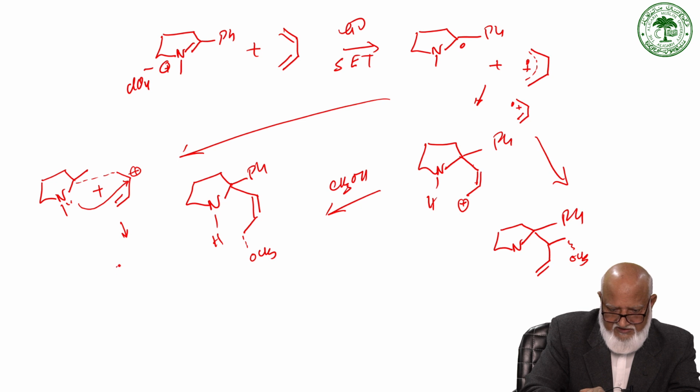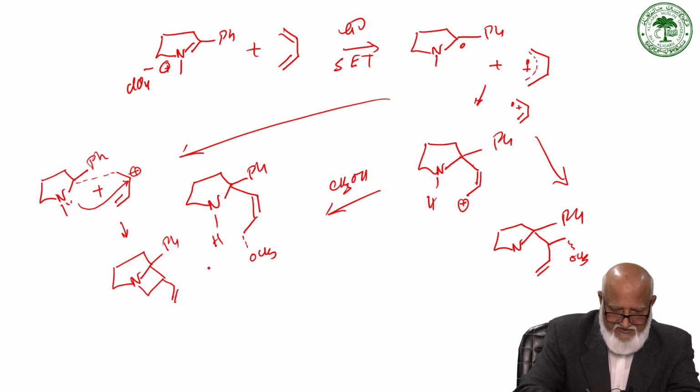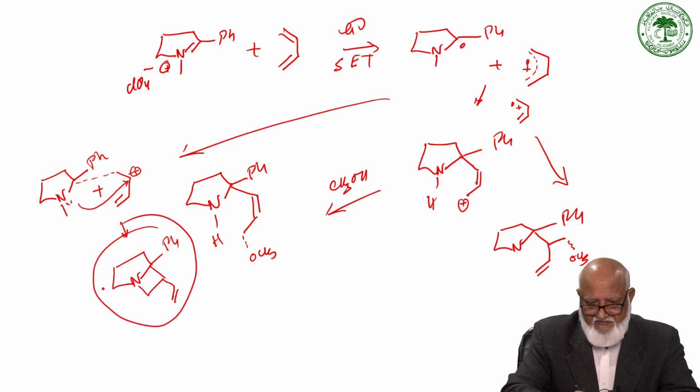So the reaction of a pH here, and then the 4-membered ring. So we can see a large number of products have been expected here.